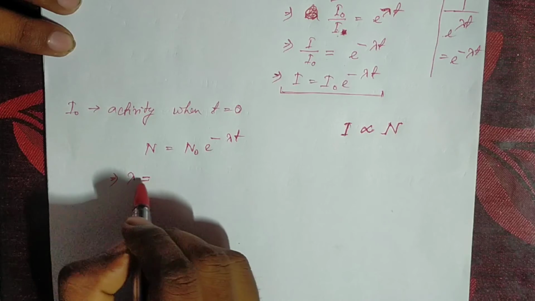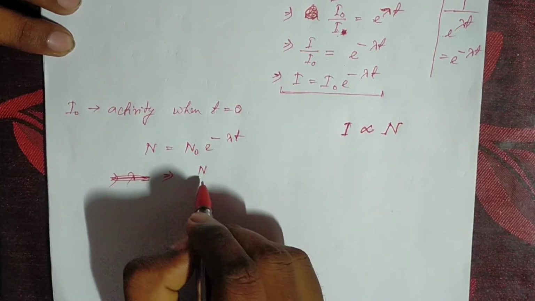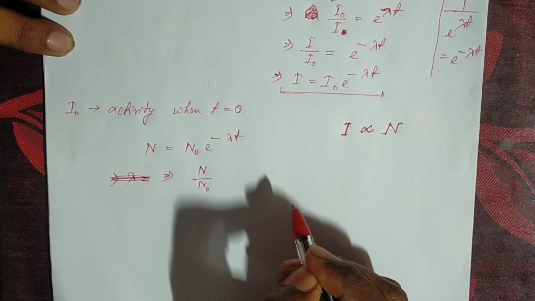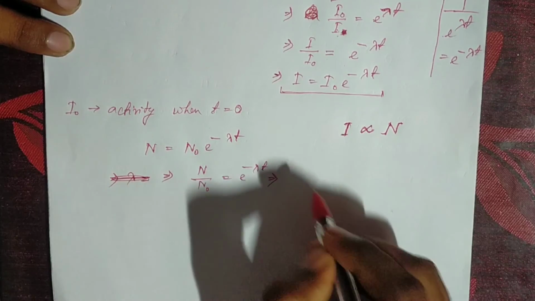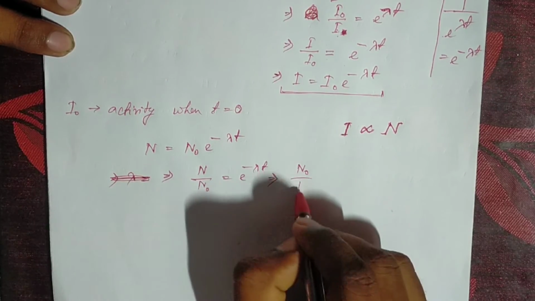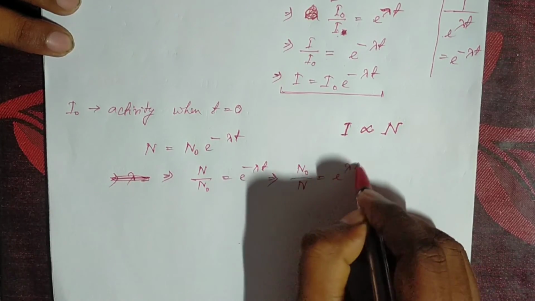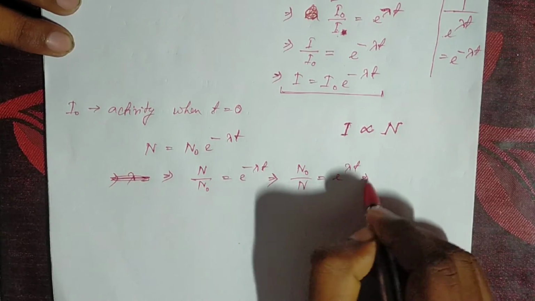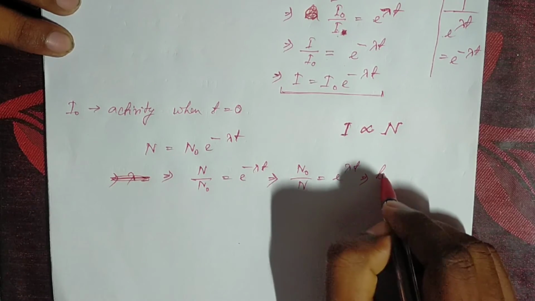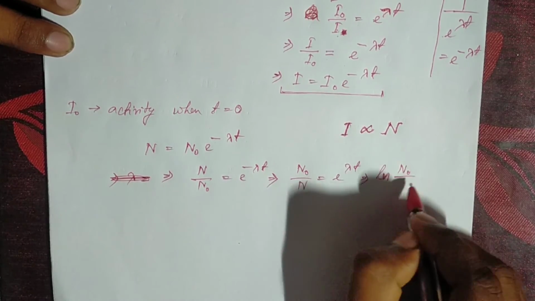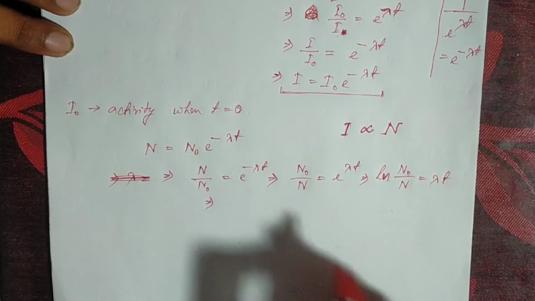If you simplify, n by n naught is equal to e to the power minus lambda t, or n naught by n is e to the power lambda t. That means ln n naught by n is equal to lambda t.